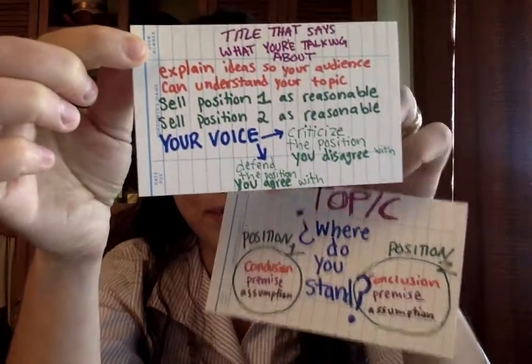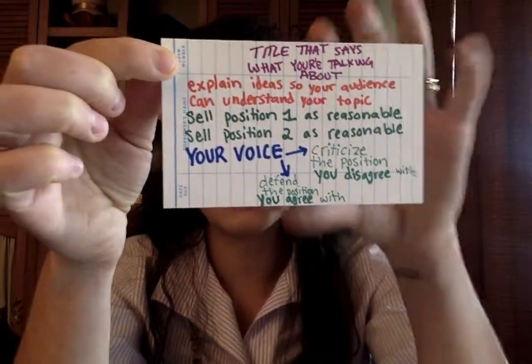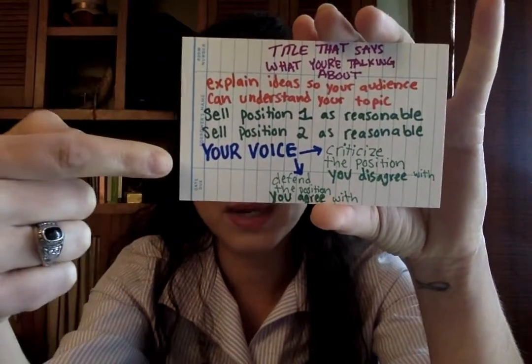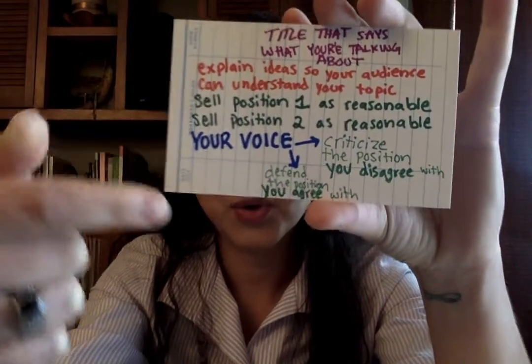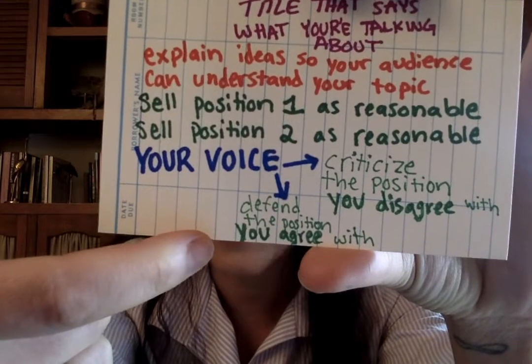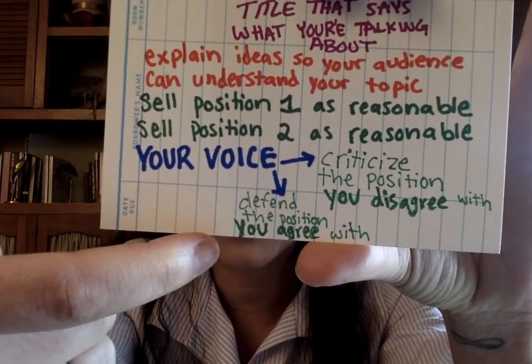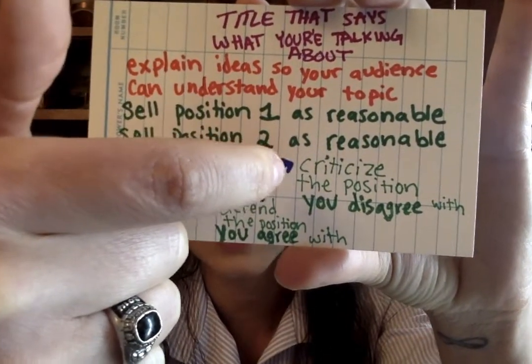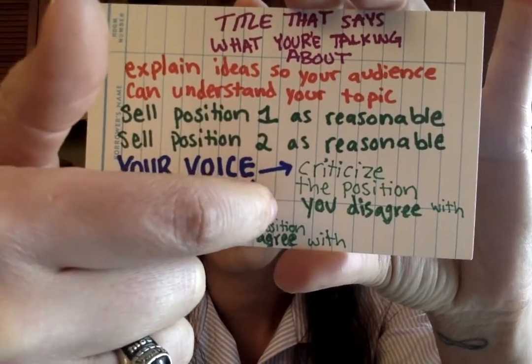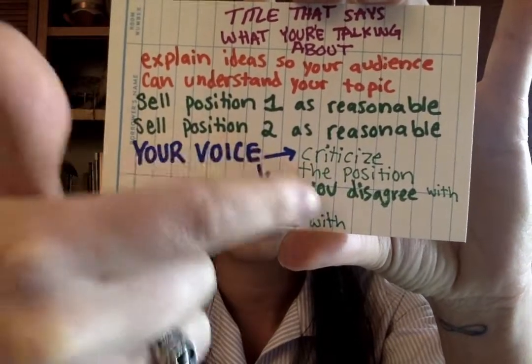You pick your position. Now, by adding your voice, you're going to do two things. You are going to defend the position that you agree with, and you are going to criticize the position you disagree with. That'll be adding your voice. That'll be telling me what you think and why you think it.